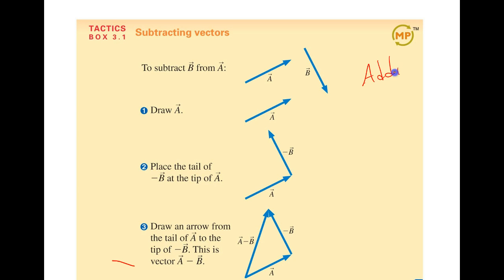So adding is always the idea of head to tail. So if we're starting with vector A and we'd like to add vector B, I'm going to try and use a little bit different ones from the diagram. Let's go, B is a short one and it's sort of going up and to the left. So here's my B vector.